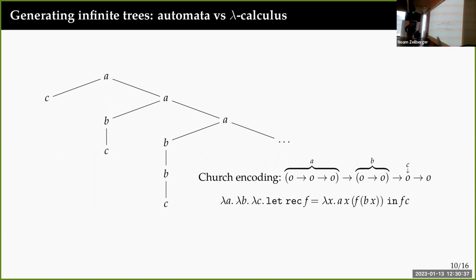What is the variable x? What is it playing in the lambda x? I don't quite see how to match the tree to that. The x doesn't appear in the tree, right?